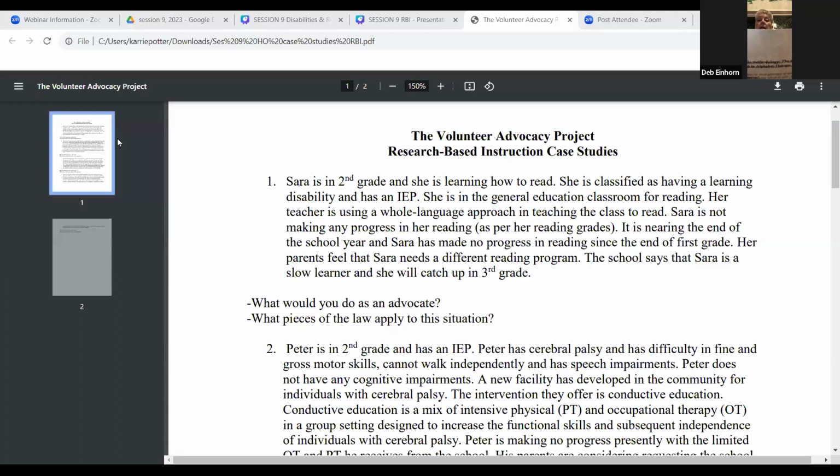Sarah is not making any progress in her reading, as shown by her test scores and reading grades. It's nearing the end of the school year and Sarah has made no progress in reading since the end of first grade. Her parents think that Sarah needs a different reading program. The school says Sarah is a slow learner and she'll catch up in third grade. So what would you do in this case as an advocate?